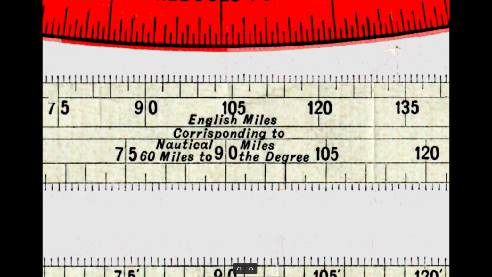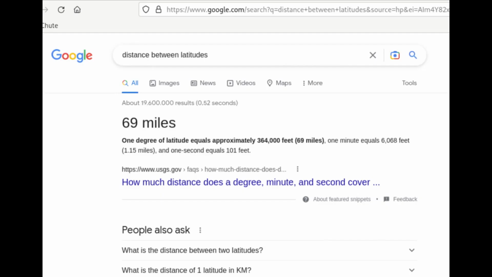It says English miles corresponding to the nautical miles, 60 miles to the degree. Let's have a quick look at the GPS survey, and we found 69 miles. So 1 degree of latitude equals approximately 69 miles.